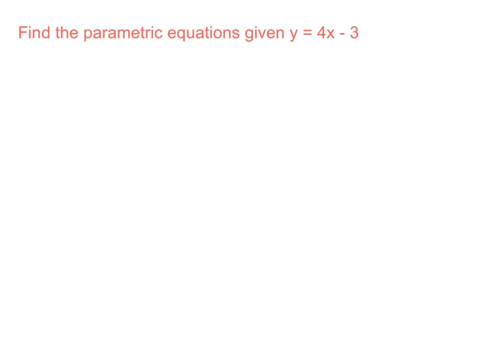Okay, when we're finding a parametric equation, you're always going to be given part of it. So in this case, we were given y equals 4x minus 3. The problem, which I don't have typed out, is when the other part is t equals x. It's got to give you some kind of parameter so you can find the parametric. Well, all we got to do is solve for x.